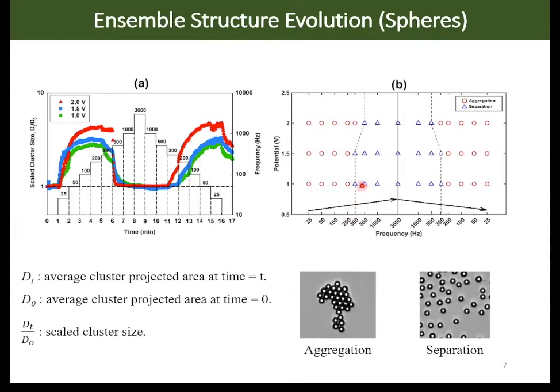From figure B, we could tell how ensemble behavior for the aggregating condition depended on the electric field strength. There was a shift in the critical frequency when the potential reached 2.0, suggesting the critical frequency would increase as the applied electric field strength increases. Also, you may have noticed figure B is symmetric, suggesting the ramp of tuning frequency did not change the critical frequencies.